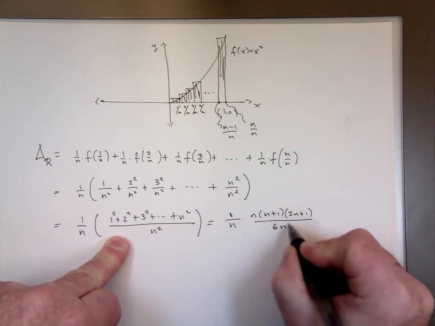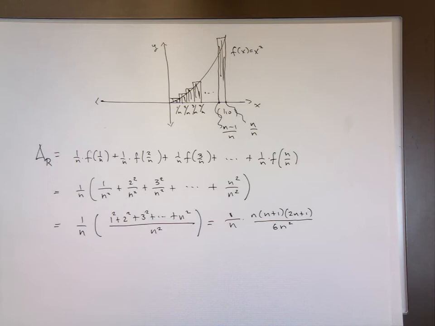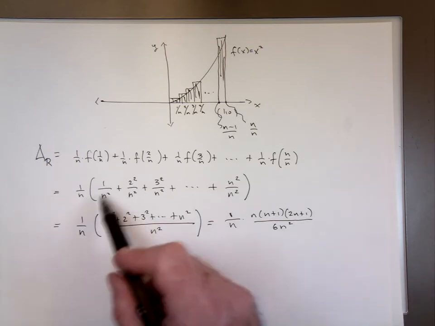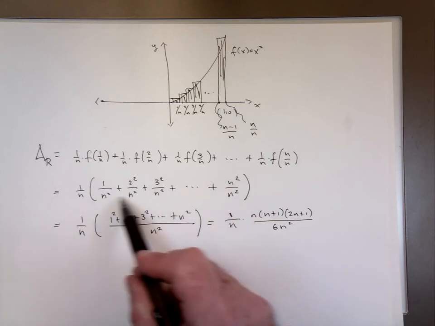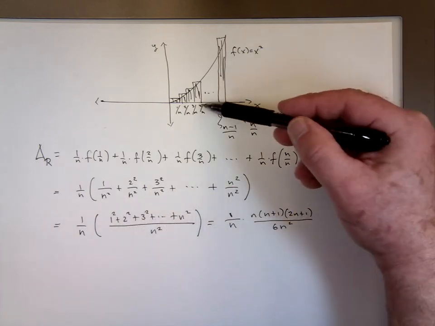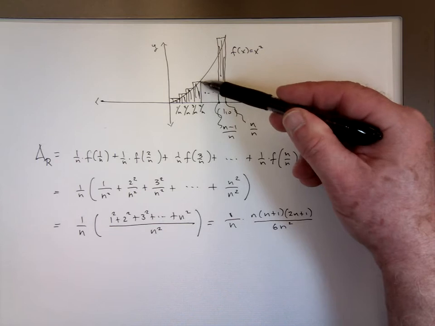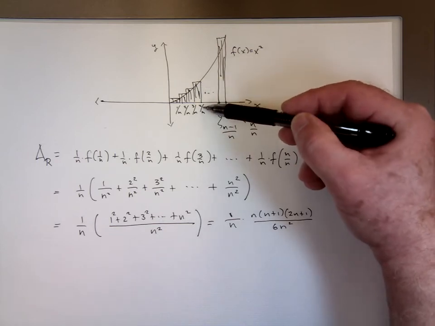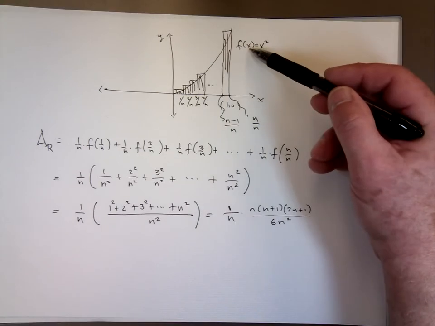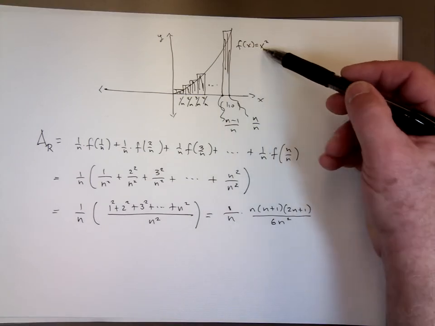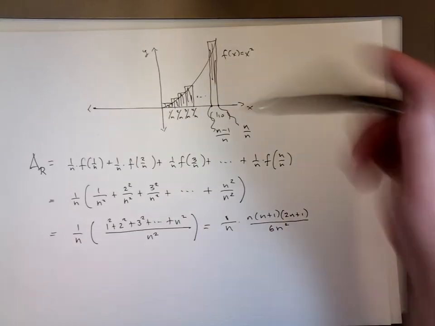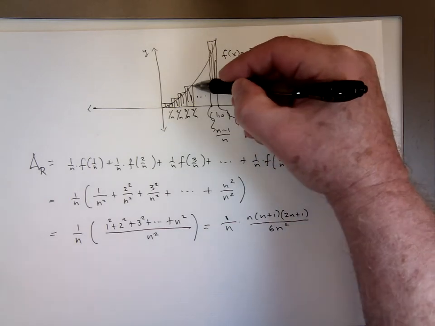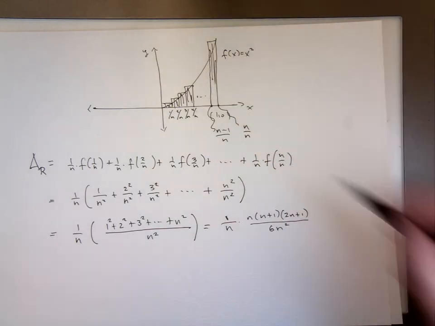The second line, all the denominators are squared. Why is that? Because for each point, like the 4 over n, this height is the value of the function at 4 over n, and the value of the function says to take whatever x is and square it. So this height right here is 4 over n squared. Oh, because we use the function. Yes.